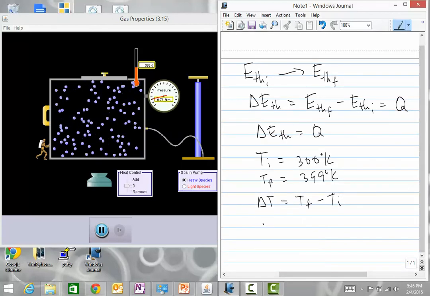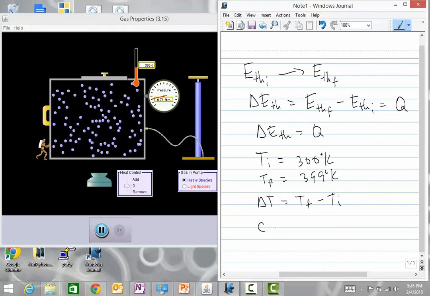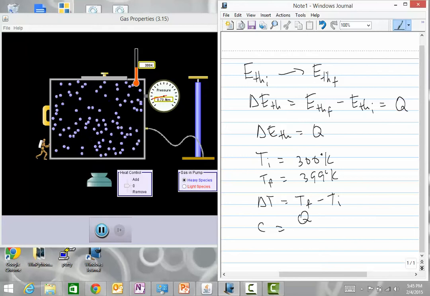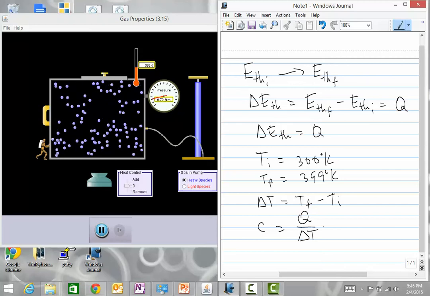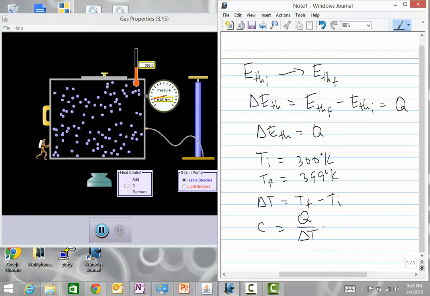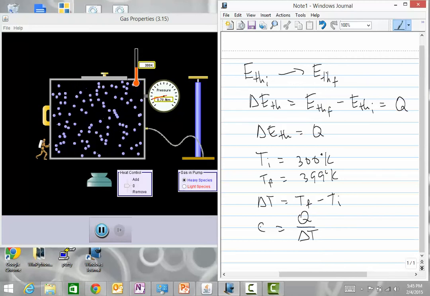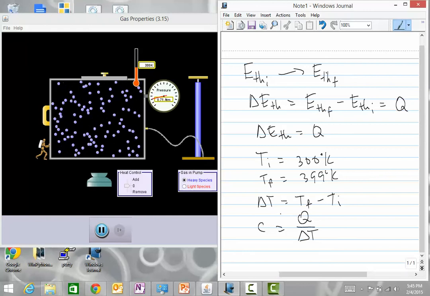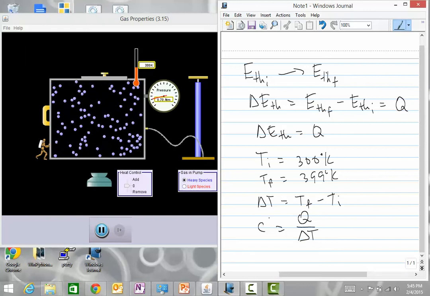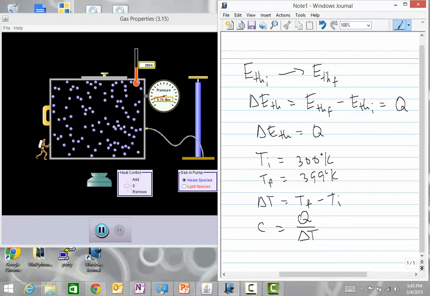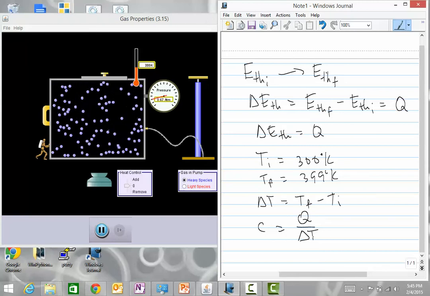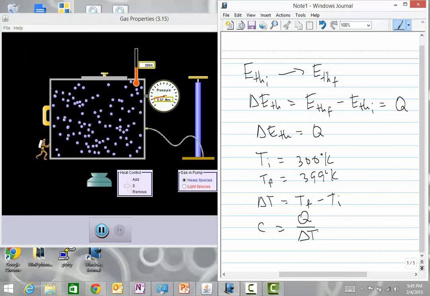I'm going to call that ratio C, heat capacitance, and that's going to be equal to Q divided by delta T. Okay? So Q divided by delta T is a ratio that I'm defining, and this is the heat capacitance, and it's going to give me an idea of how much heat, how much energy I need to raise the temperature of a material by some amount.